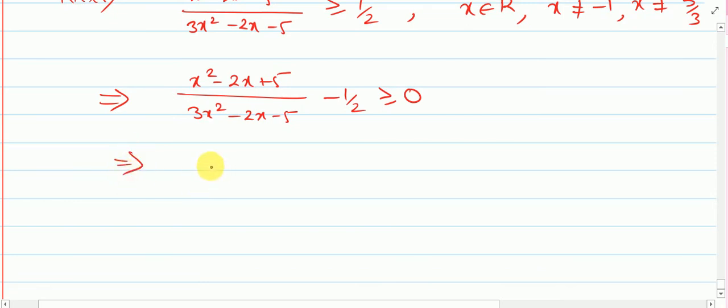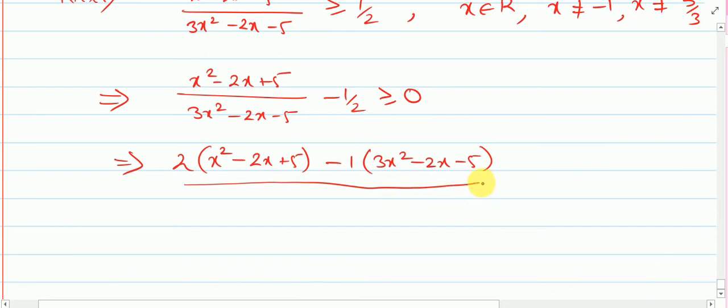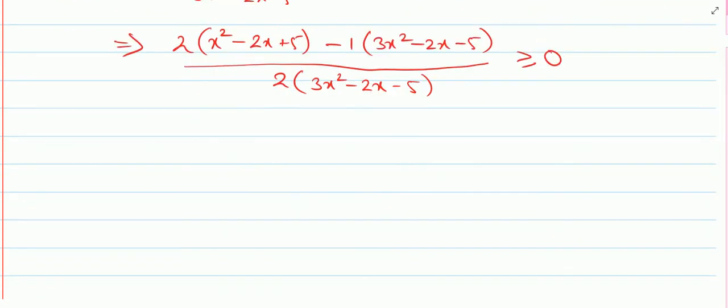So we will get x square minus 2x plus 5, 2 will be here, and here 1 time 3x square minus 2x minus 5, and here 2 times 3x square minus 2x minus 5 greater than equal to 0. Now we will simplify it.